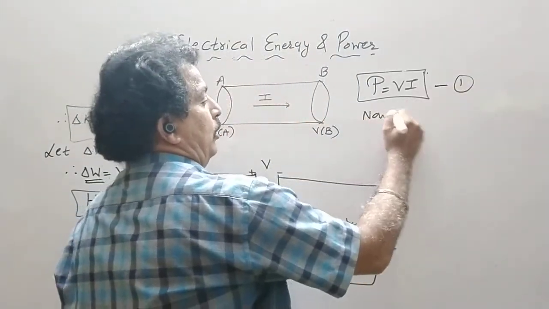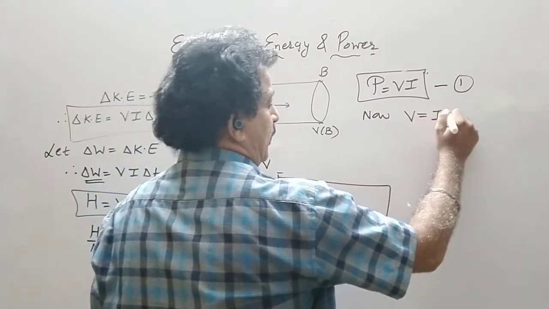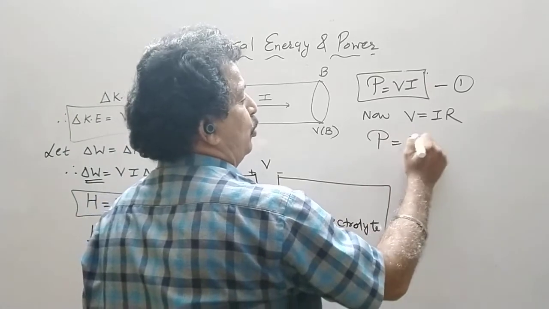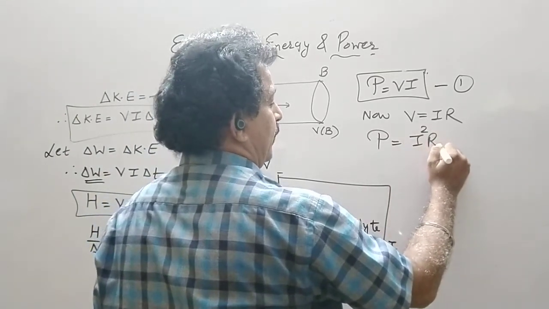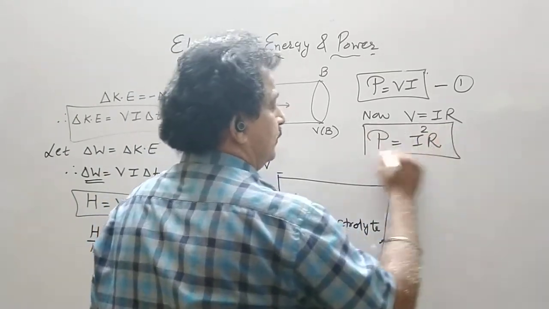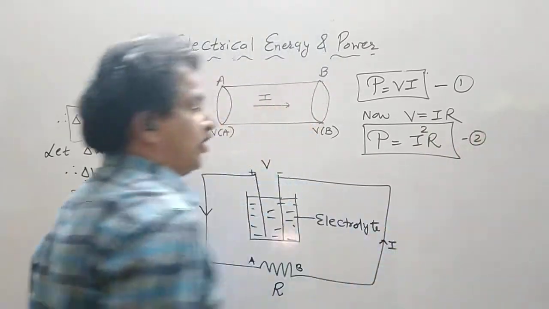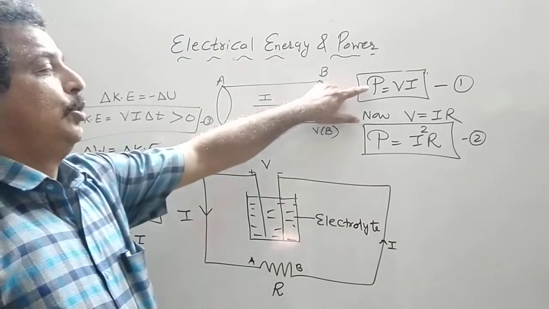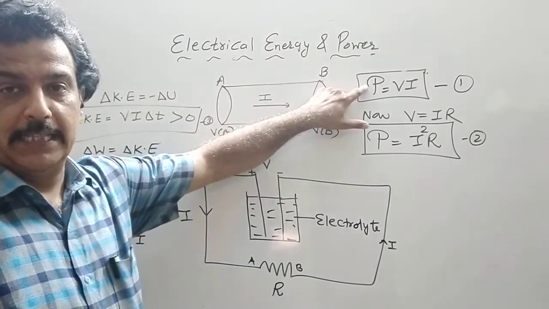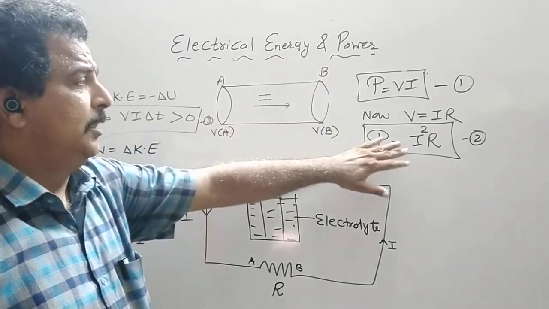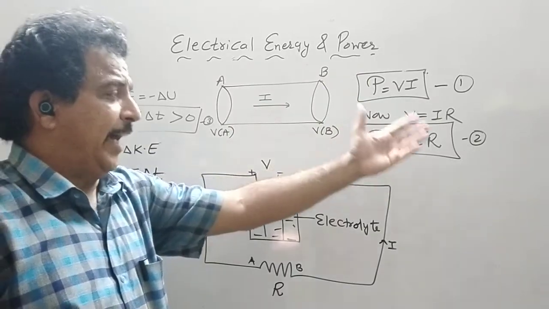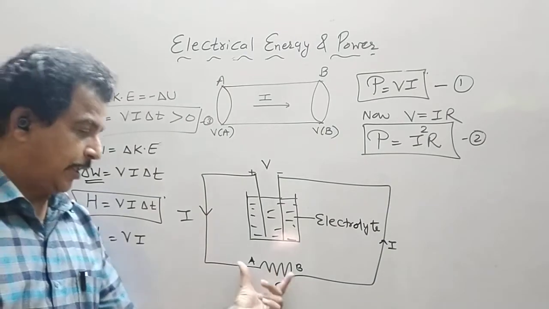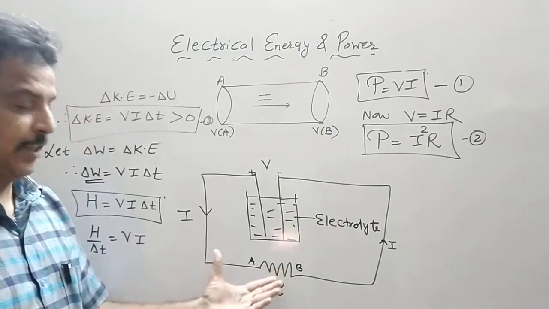Now Ohm's law is applicable to a conductor, so V is equal to IR. So P is equal to I square R. This is the power loss across a conductor. So this expression can be used to find out the power produced by the cell and the power loss across the conductor, given the current flowing through it and the resistance of that conductor.